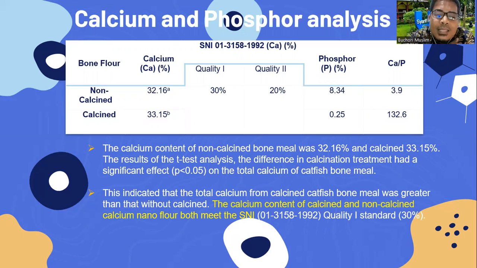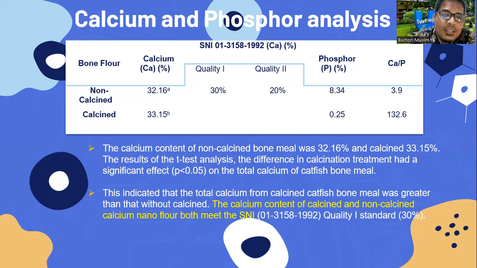This indicates that the total calcium from calcined catfish bone meal was greater than that without calcination. The calcium content of calcined and non-calcined catfish bone meal meets the SNI quality standard number 1.